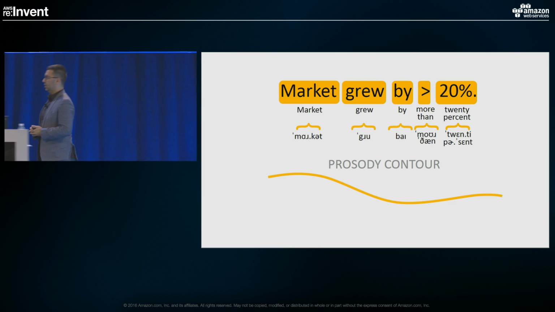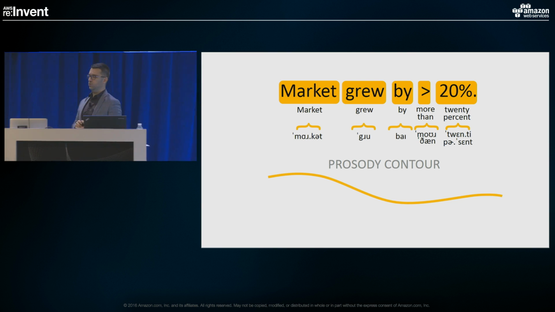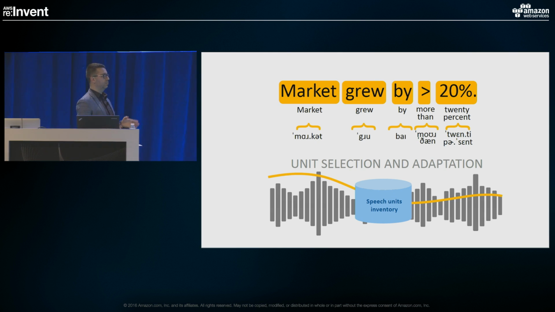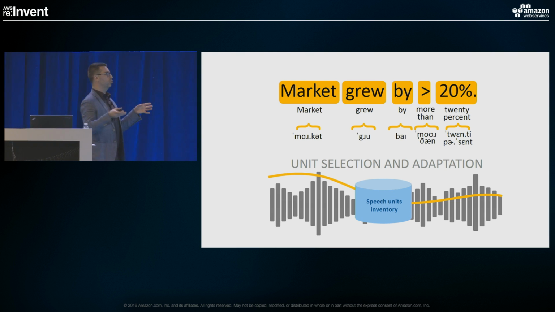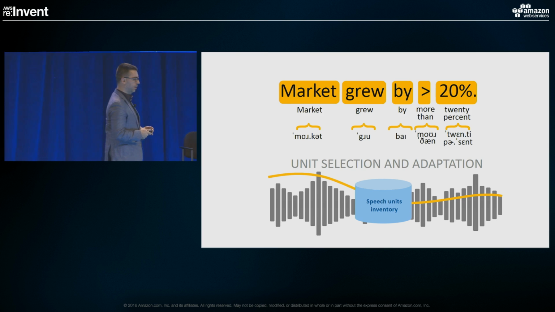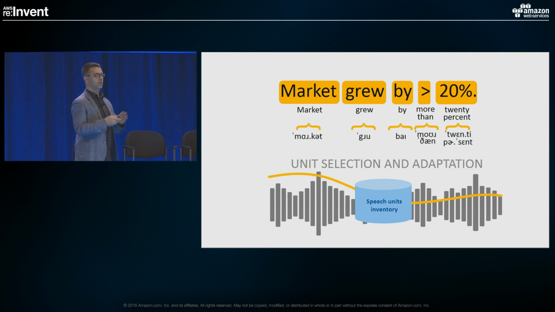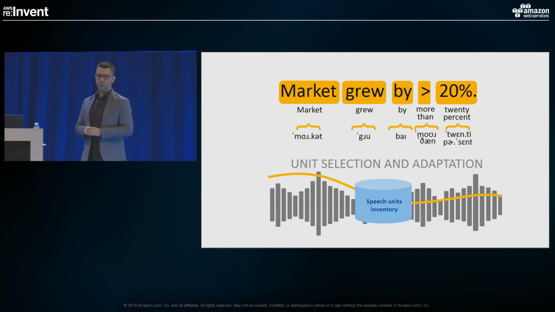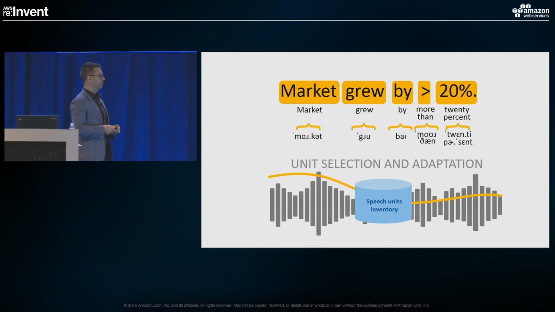When we figure out the prosody contour, we use the inventory of speech to produce the final waveform, and I will cover it in a minute. The one thing which I would like you to remember is that we are gathering speech from a specific voice talent, which matches our personality. For this voice talent, we gather lots of audio data that cover all phenomena in the language.